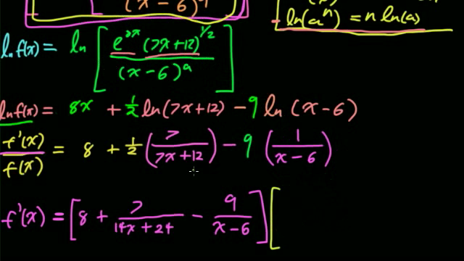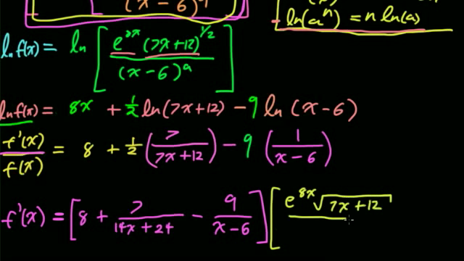So we are going to multiply all of this times e to the 8x times the square root of 7x plus 12, and then all of that divided by x minus 6 raised to the ninth power.